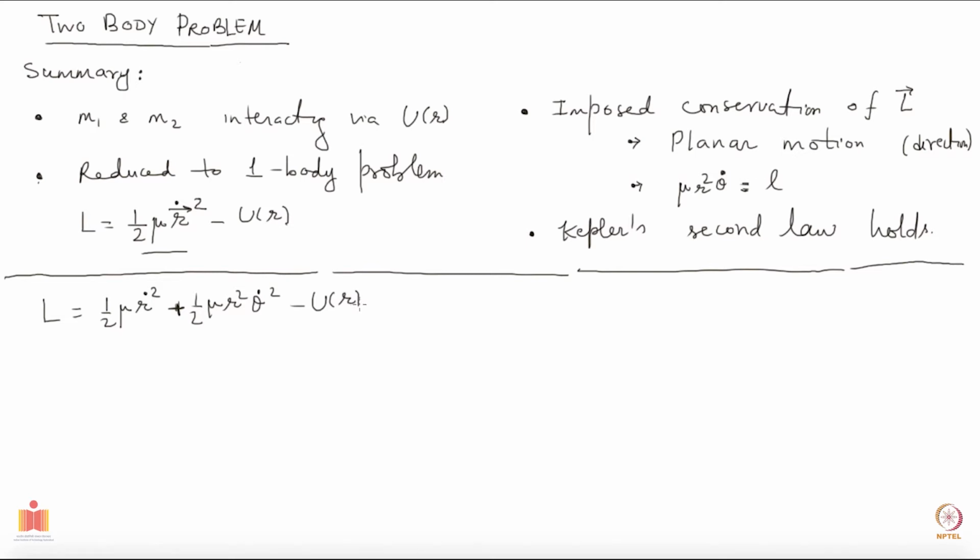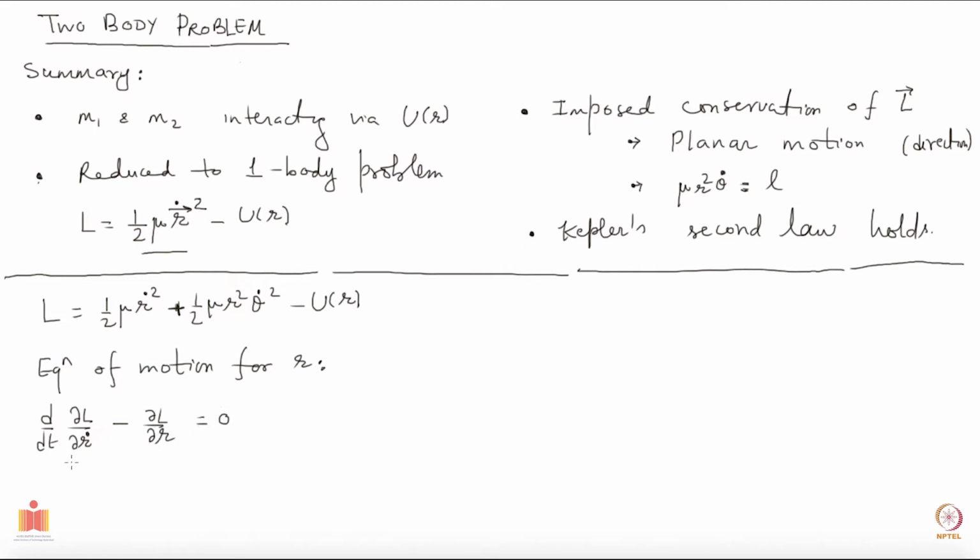So let's write down the equation of motion for the r coordinate. We have to calculate d over dt of del L over del r dot, minus del L over del r, and this will be 0.